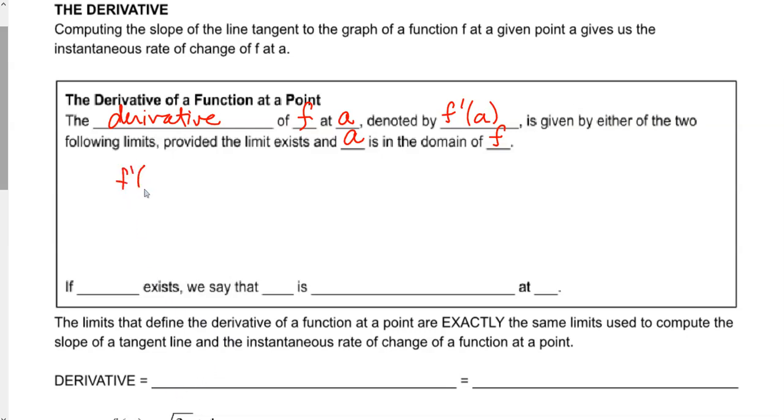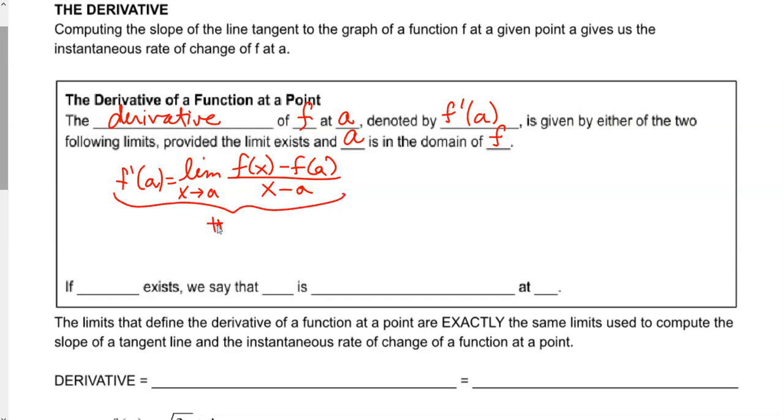So here's one. f prime of A can be the limit as x approaches A of f of x minus f of A all over x minus A. And this is what they refer to as your definition number 1. Or we also found that f prime of A is equivalent to the limit as h goes to 0 of f of A plus h minus f of A all over h.